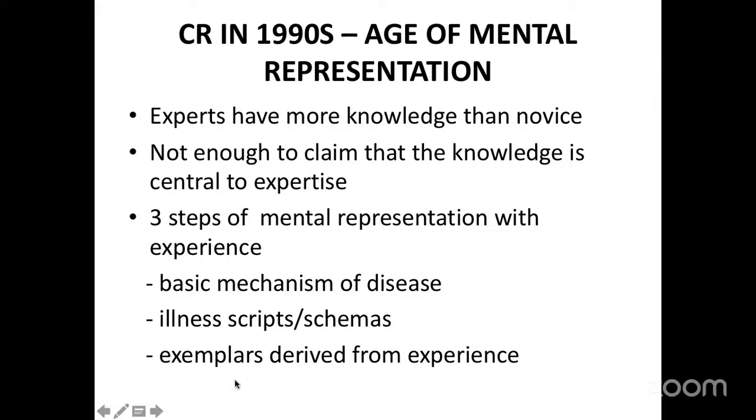And this is where I was trying to explain when I think Mr. Sunday was giving those contributions. And I said, one, basic mechanisms of disease. You need that knowledge. You gave an example, I will give another one. An example is a patient who comes with weakness in the lower limb and pain.